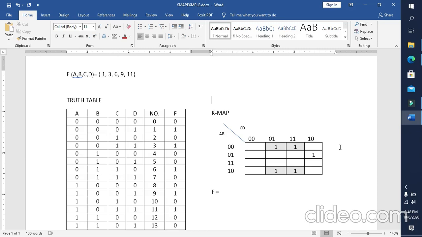Whereas, if you are going to group it by 4, you will have a minimal logic gates. So, that's why, if you can maximize it, maximize it. Okay? So, if you have the difficulty, there's no worry. But since we are looking for a minimum number of your logic expression, so you better maximize the number of groupings. Okay.